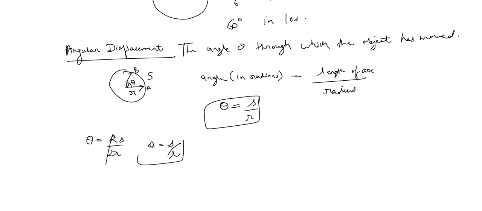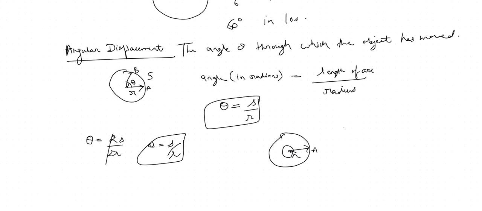Now, if we consider one complete revolution, when a particle or object starts from point A and after covering one complete revolution reaches point A again, then how can I write the expression for theta?